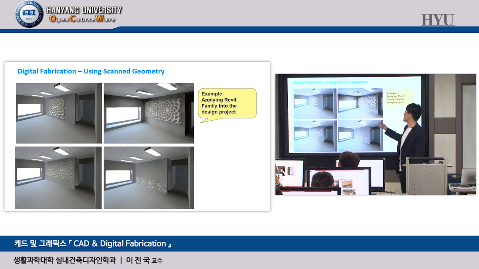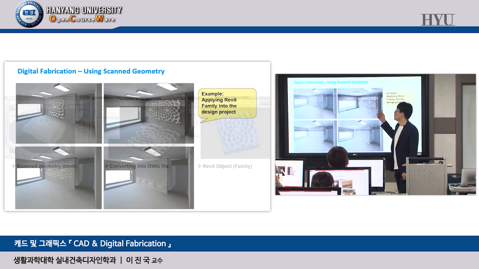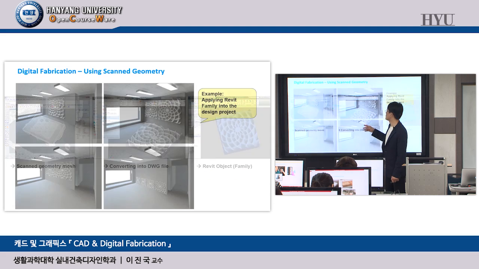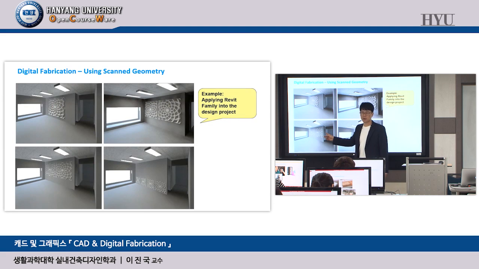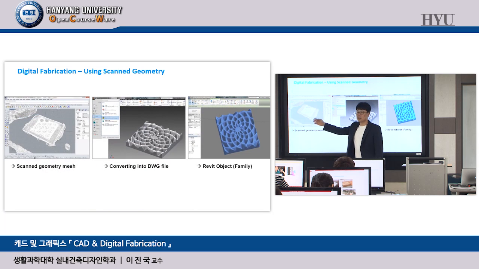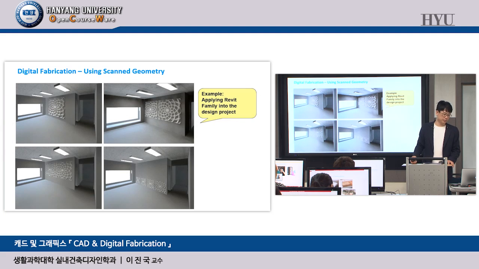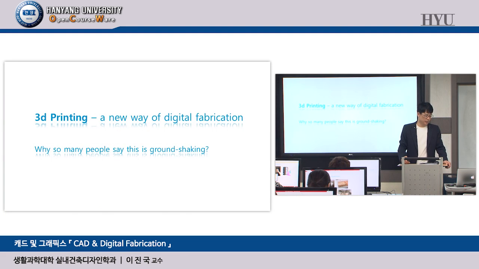In this case, this one is not your design. You simply copy this design and reuse it, but this is not a picture. If this were a picture, this one could not be installed this way. This was importing geometry based upon your scan. That's the point. And also this one, of course, can be printed out.